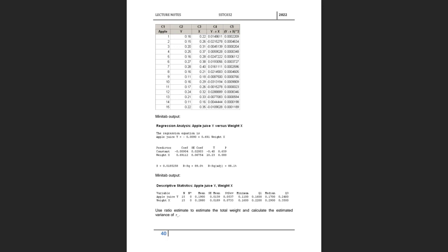Okay, and then s, which is 0.0185258. That is the standard deviation under ratio estimation. In other words, it's s_r, which is 0.0185258.